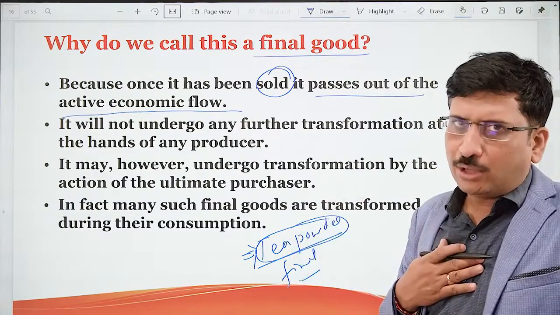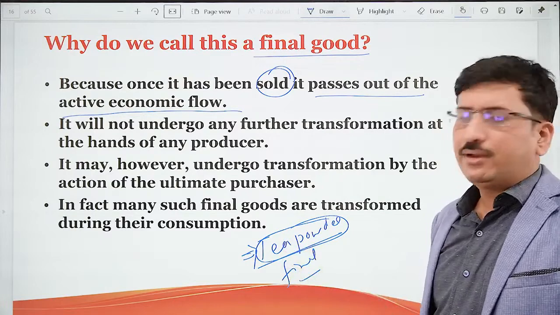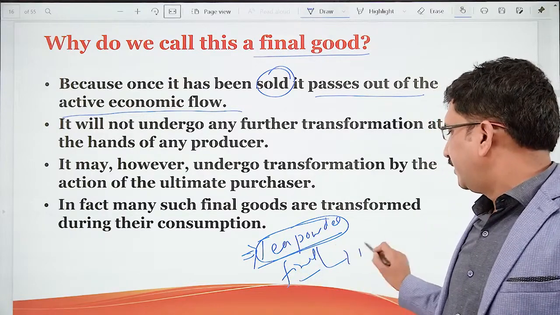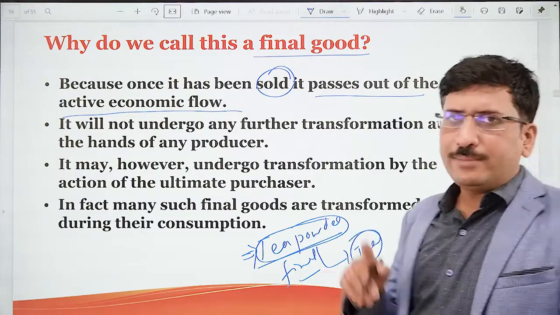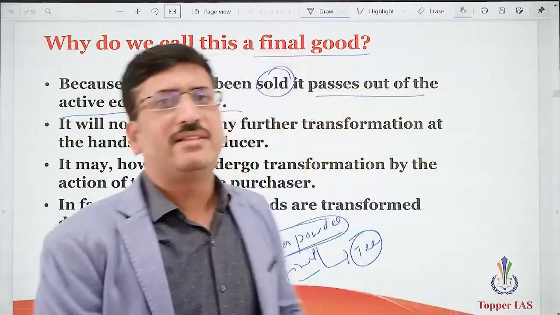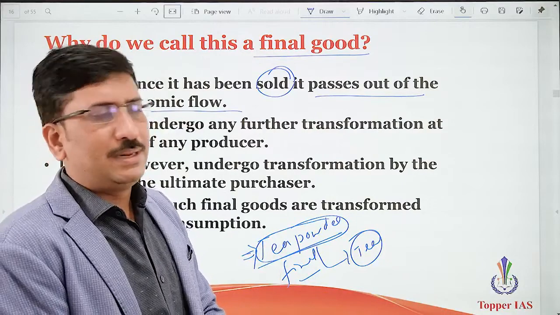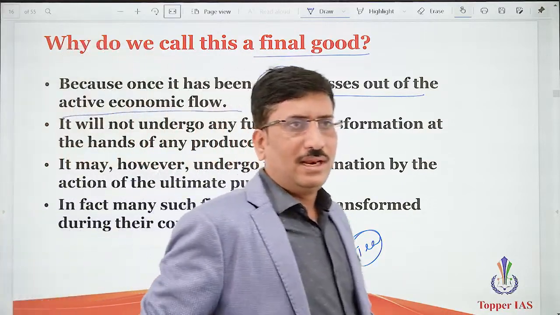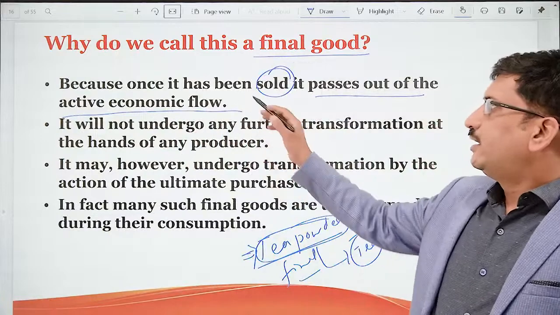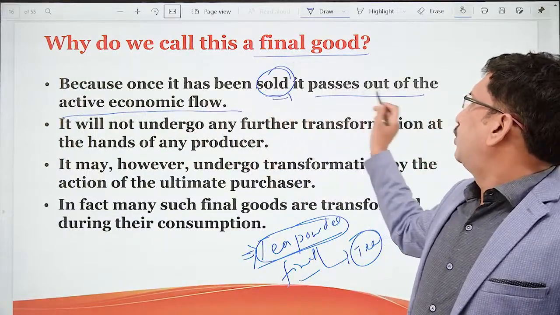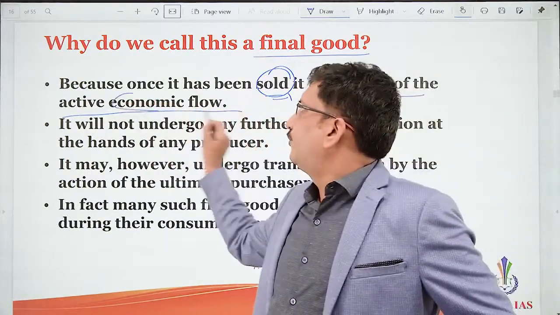If I am a tea shop owner, I am purchasing tea powder, but still I am making it into tea. Now I am selling the tea. Again, the exchange of money is there. So now that is the final good, tea. Please understand that. So the last exchange of money, once it is sold, it is out of the economic flow.